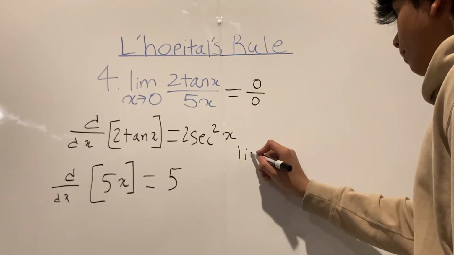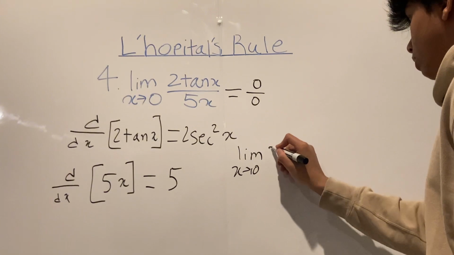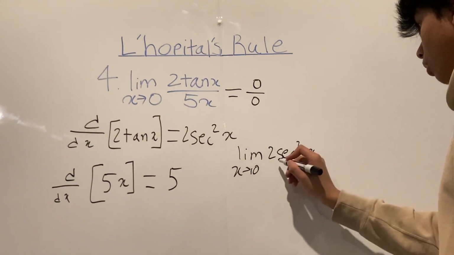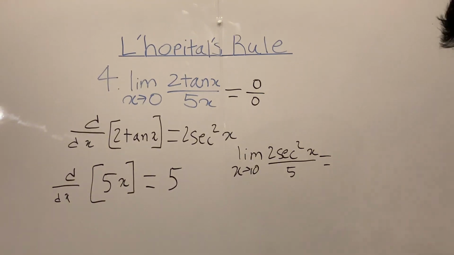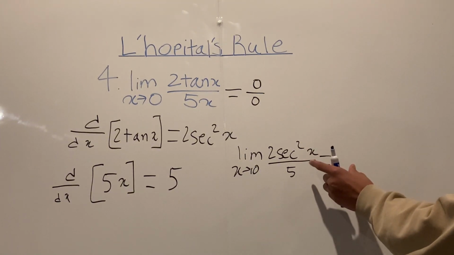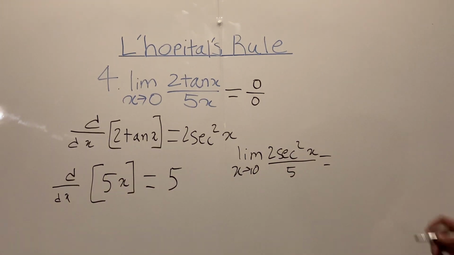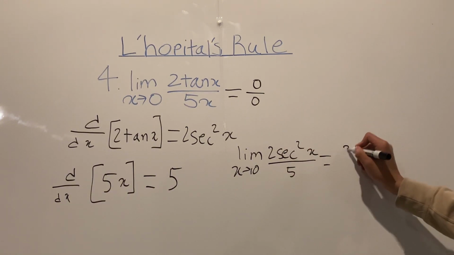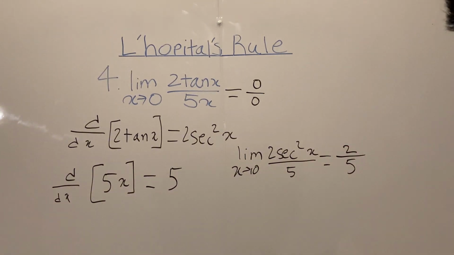So the limit as x approaches 0 of 2 secant squared x over 5. And if we plug in 0, secant 0 is just going to be 1. And then 2 times 1 is just going to be 2. And then 5 is just 5. So the answer is 2 over 5.